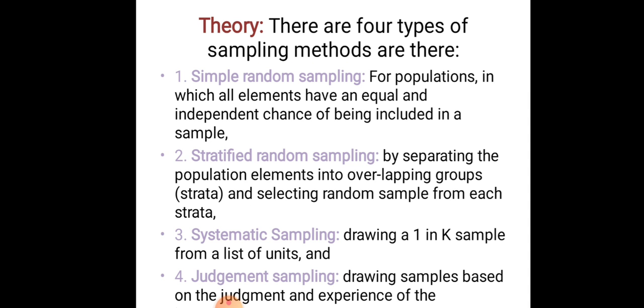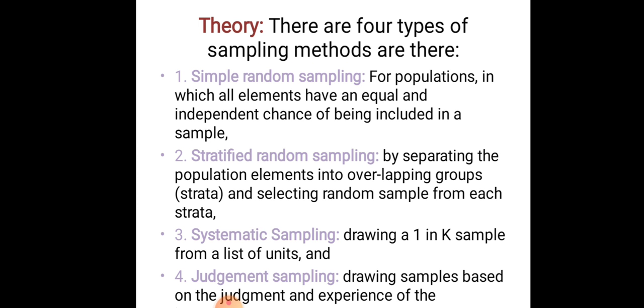Coming to theory, sampling methods are basically of 4 types. First one, simple random sampling. It is meant for populations in which all elements have an equal and independent chance of being included in a sample.